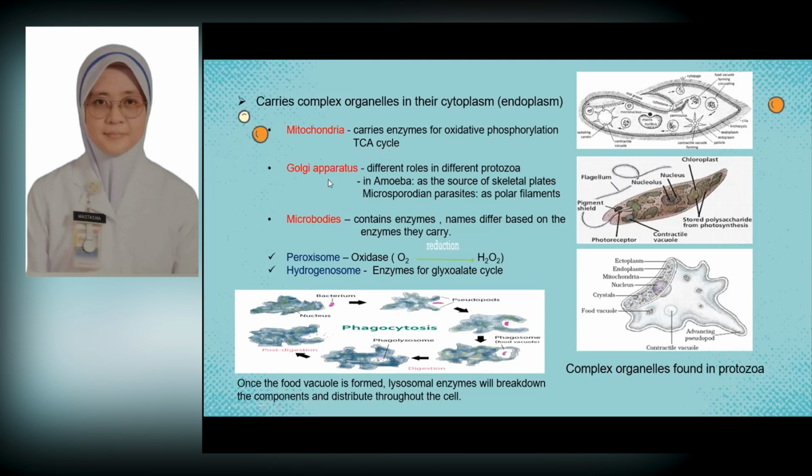The Golgi apparatus has different roles in different protozoa: in amoeba as a source of skeletal plates, and in microsporidian parasites as polar filaments. Microbodies contain enzymes, and their name differs based on the enzyme they carry, for example peroxisomes and hydrogenosomes.